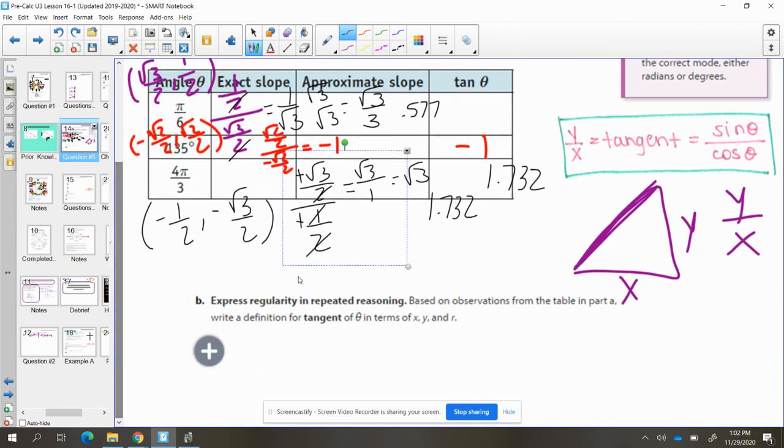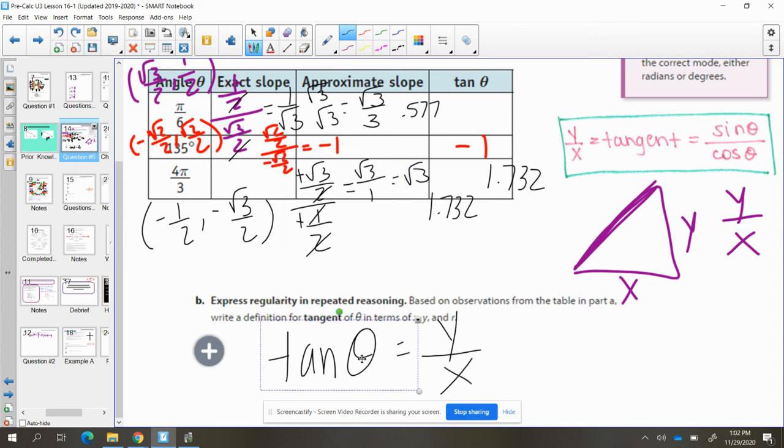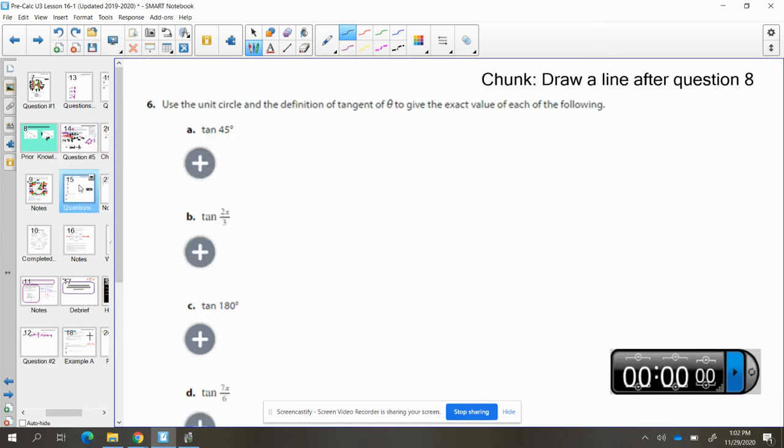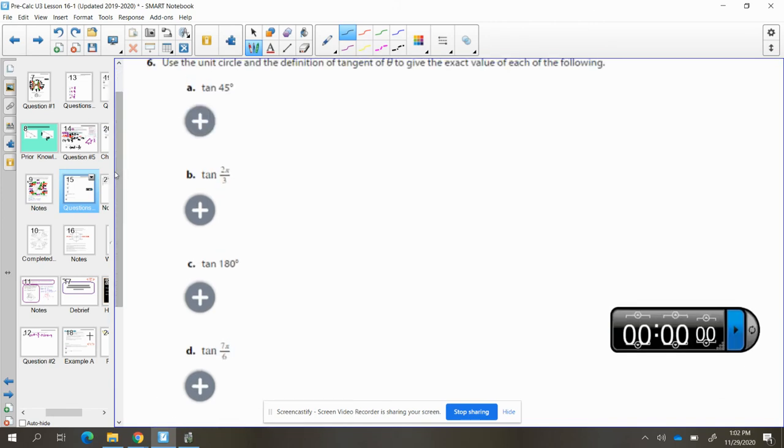All right, so again, tangent is in terms of your y value over your x value each time and being able to simplify. So final few examples here. Tangent of 45 we talked about is going to involve using the square root of 2 over 2 and the square root of 2 over 2, which is just 1.